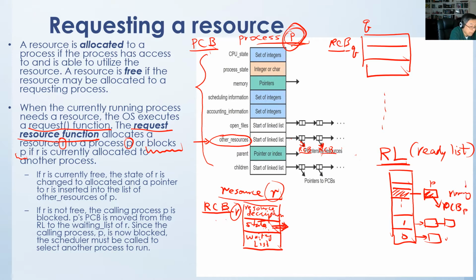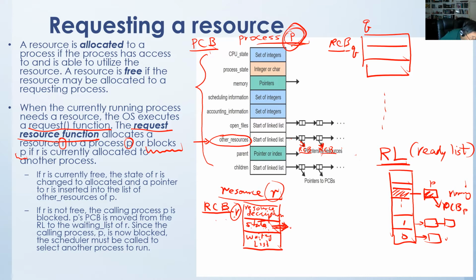Now, if P requests the resource R, and the operating system checks the state and finds out it's not available, because resource R is currently allocated to another process, then what is the operating system going to do? It's going to first block the process.